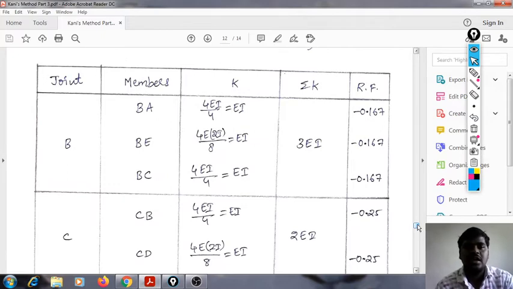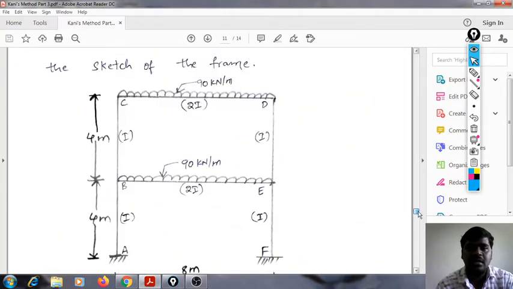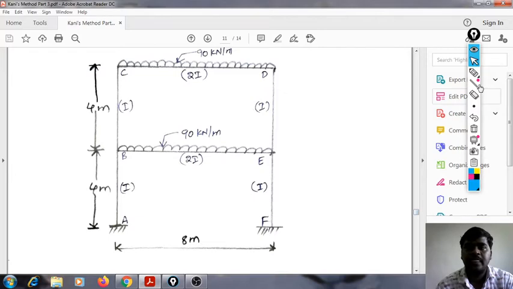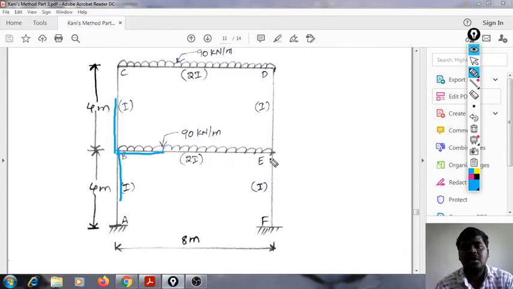For that, at joint B we have BA, BC and BE, and at joint E we have EF, ED and EB. These are the things you have to consider while solving the problem.